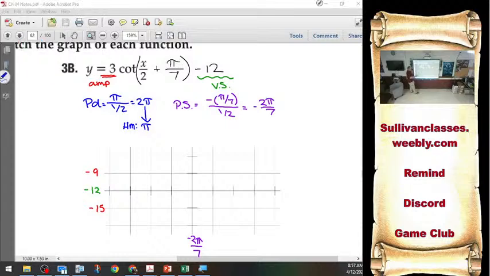So negative 2 pi over 7 plus 7 pi over 7 is 5 pi over 7. 12 pi over 7. 19 pi over 7. 26 pi over 7. Going the other way: negative, what, 16 pi over 7. Negative 23 pi over 7. Negative 30 pi over 7.